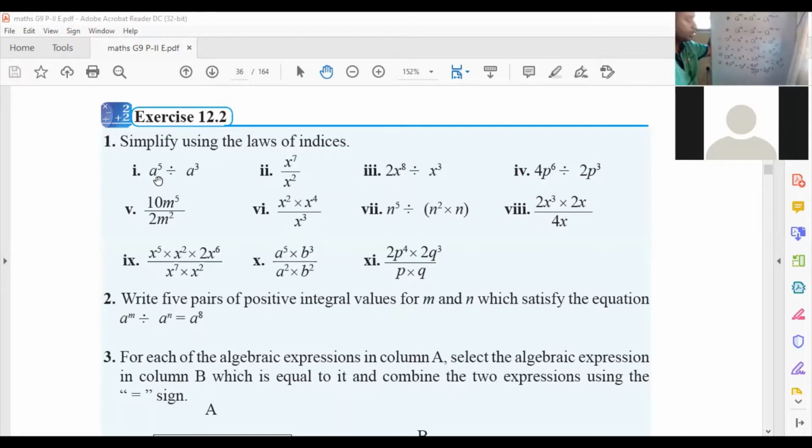When dividing same bases, indices should be subtracted. Then the answer is 2p to the power 3. Can you write it down?